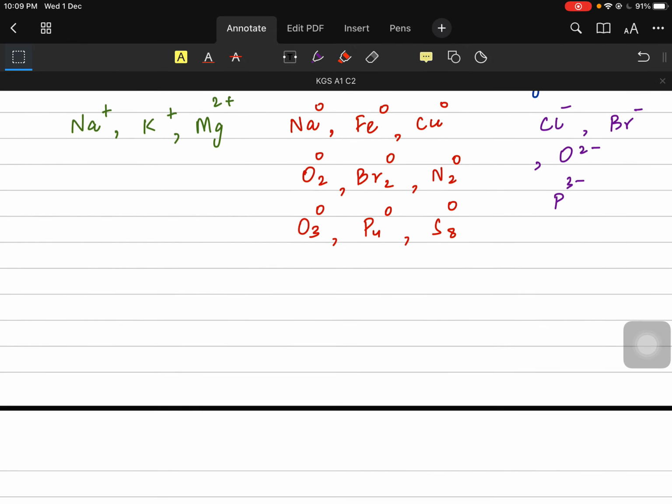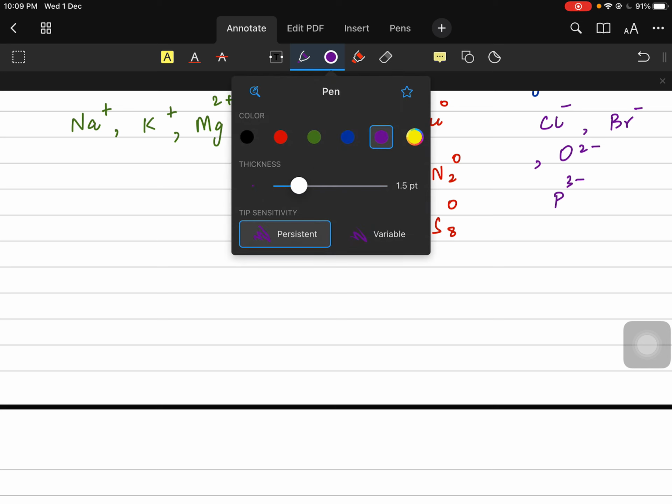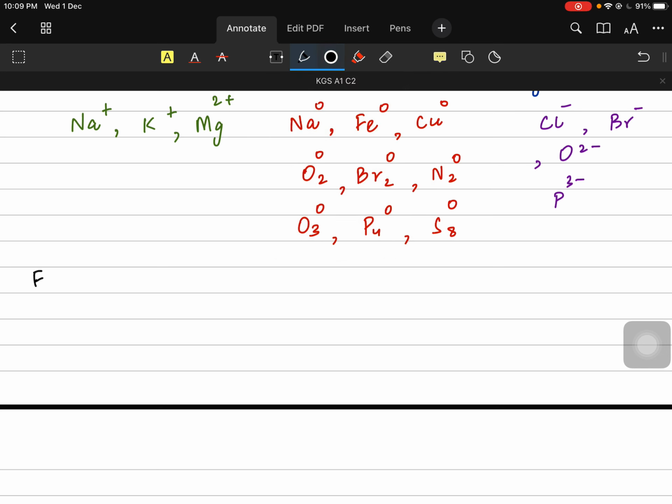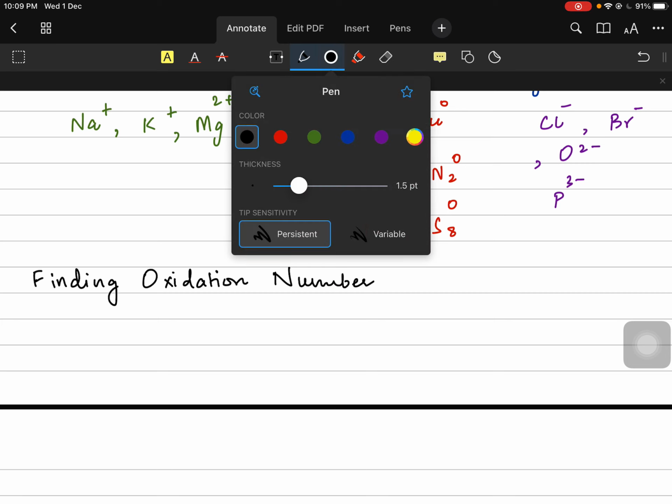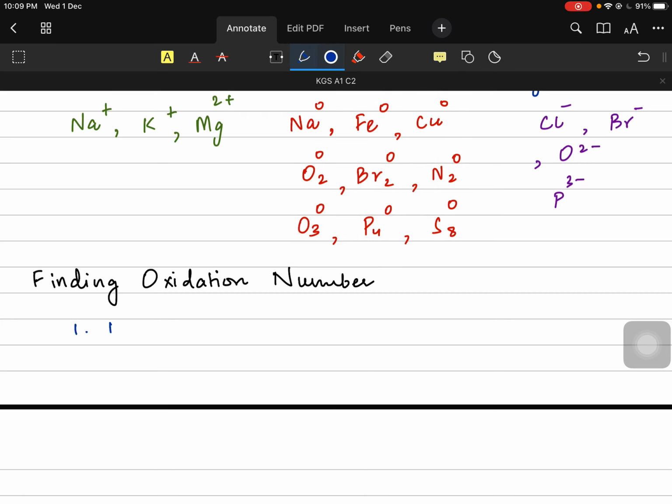How do we find the oxidation numbers? Finding an oxidation number is very easy, but we keep making it more and more confusing. So first rule is very simple. Pure element is equal to 0 oxidation number.